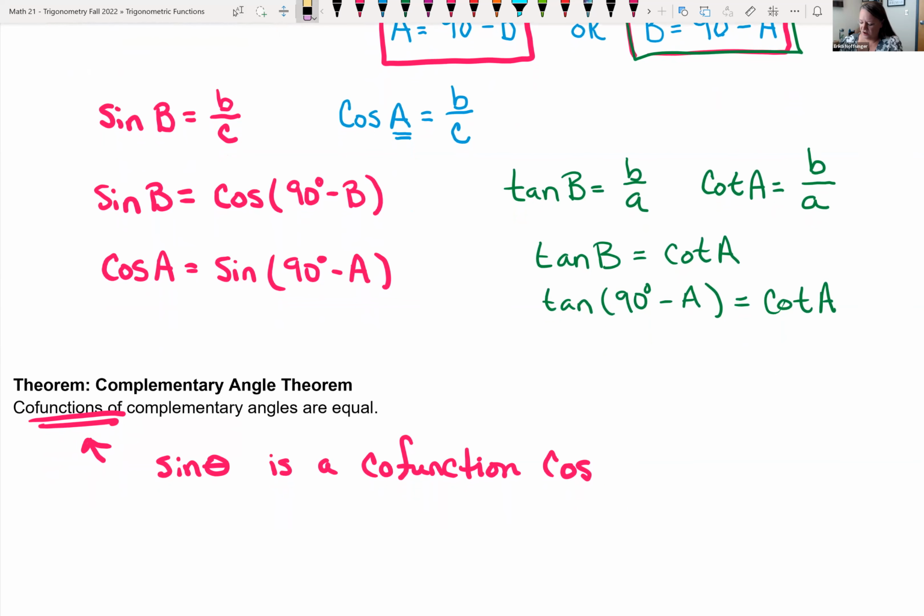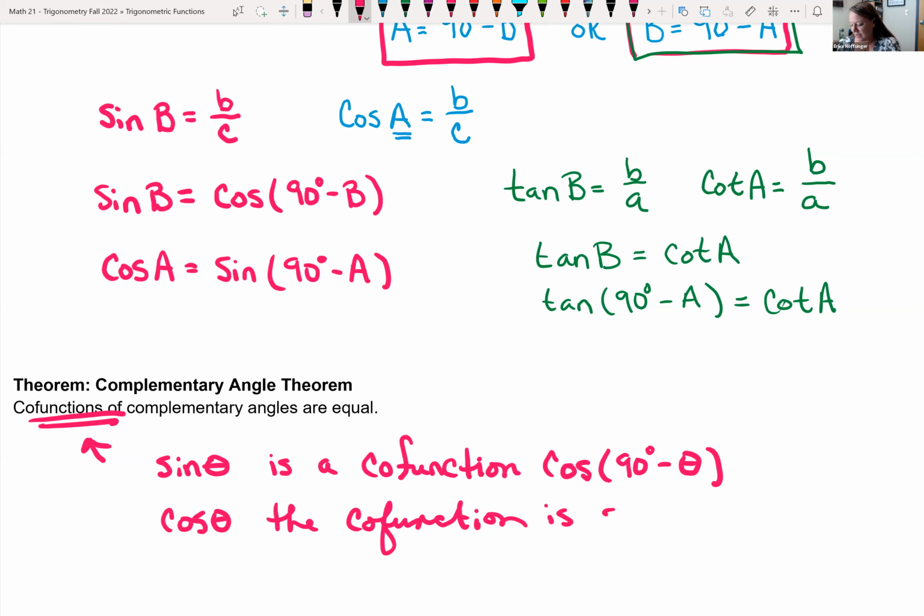And the complementary angle, we would look at as 90 degrees minus whatever that other angle is. Or we can say that cosine theta, the cofunction, is sine of 90 degrees minus theta. Tangent theta, the cofunction, is cotangent of 90 minus theta.